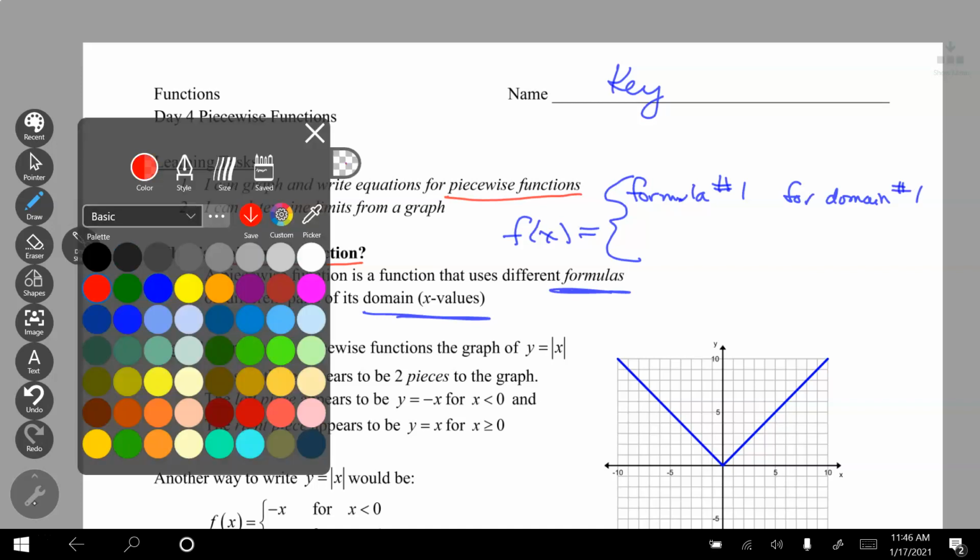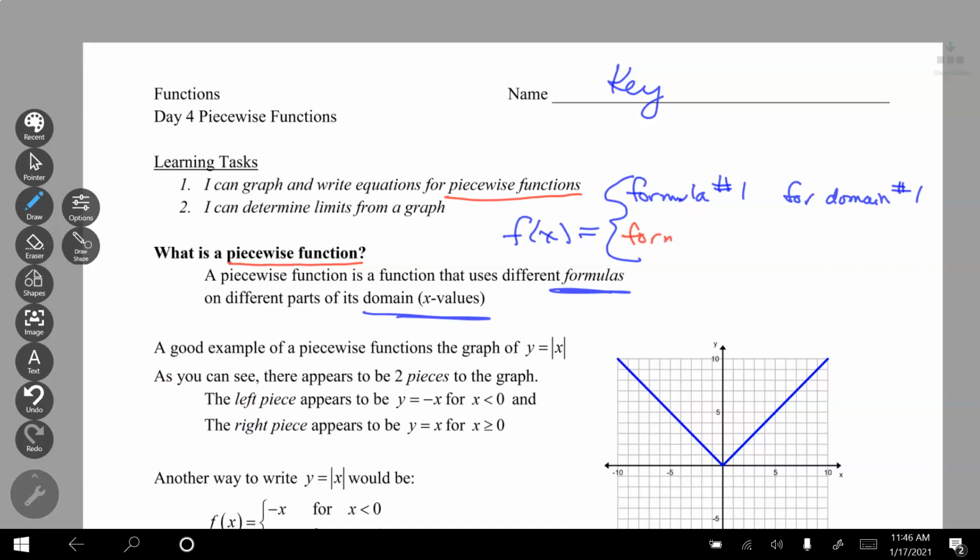And then we have formula number 2 for domain number 2. And we could go on and on and on. We could have more formulas. The domain is for what x values we're going to do the graph for, and the formula gives us the y values for those given x values.